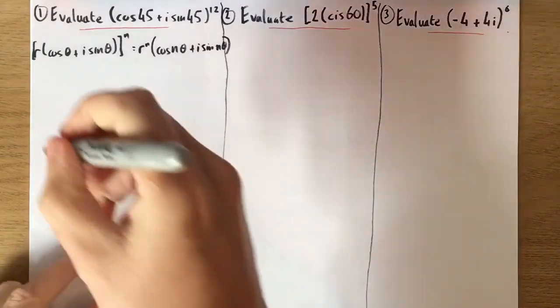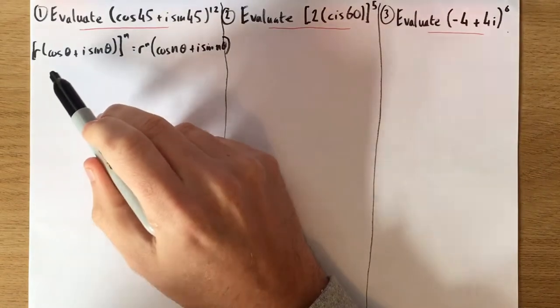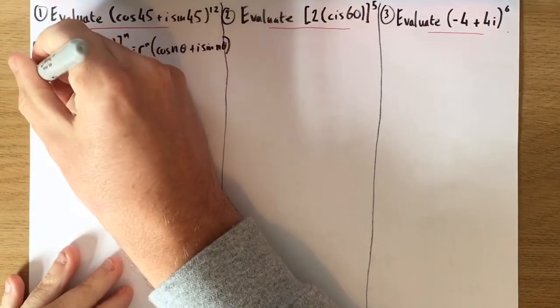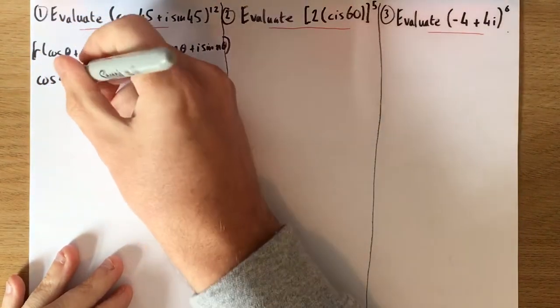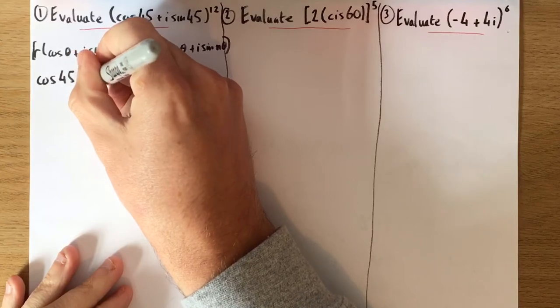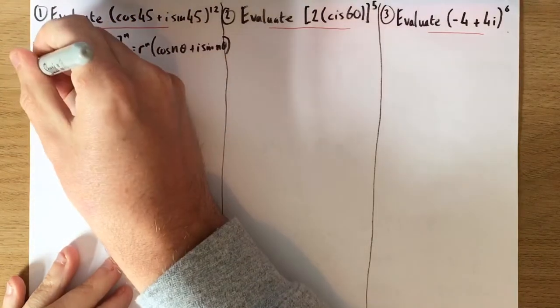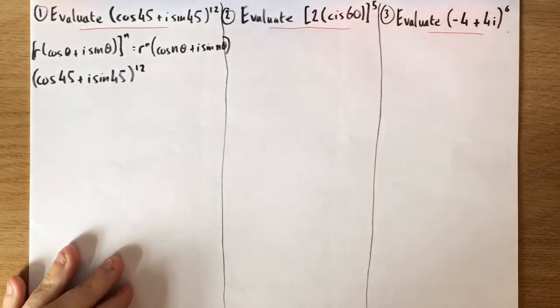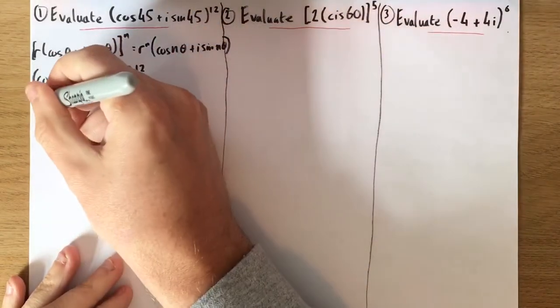Okay, so whatever the angle is, you're going to multiply it by the power. So to do this one out, I don't have an r here, I don't have a modulus. You can write one if you want, but there's no need. All right, so I have got (cos 45 + i sin 45) to the power of 12 in this case. And I'll just work down the page here because I don't have a huge amount of space.